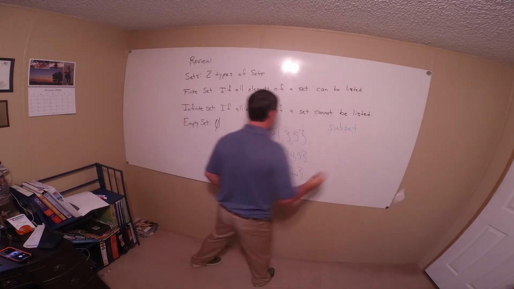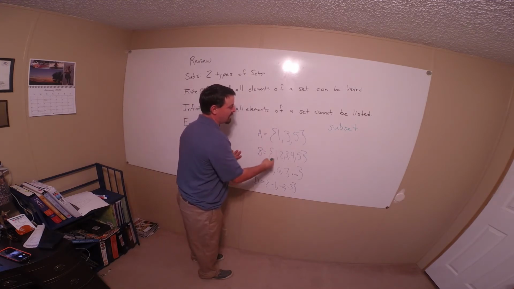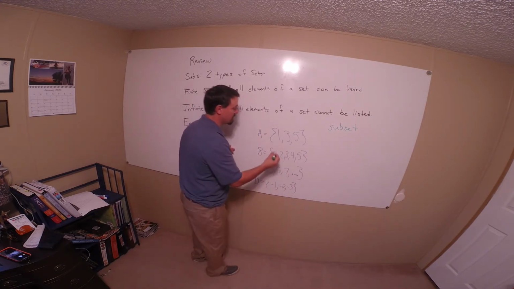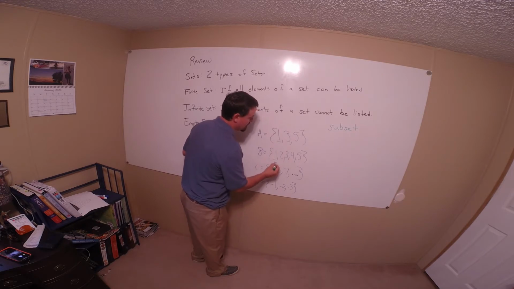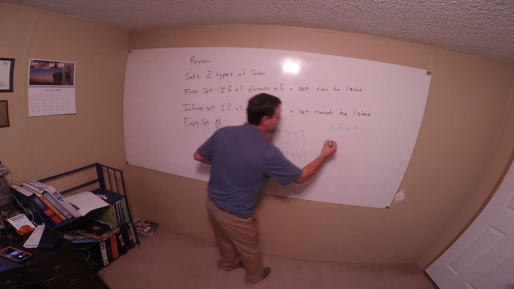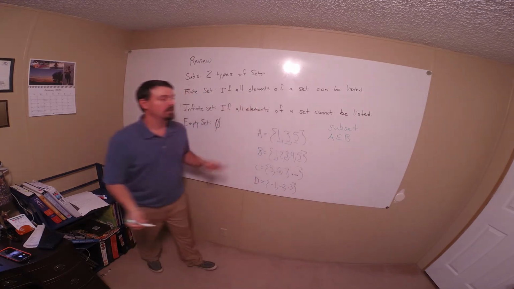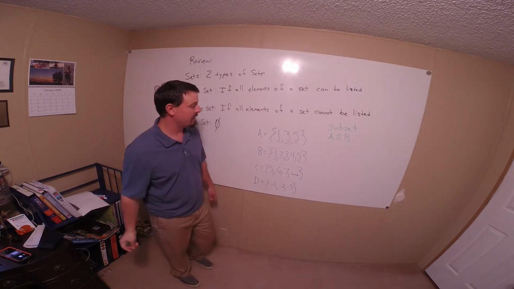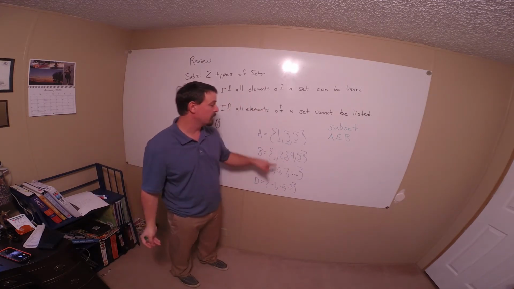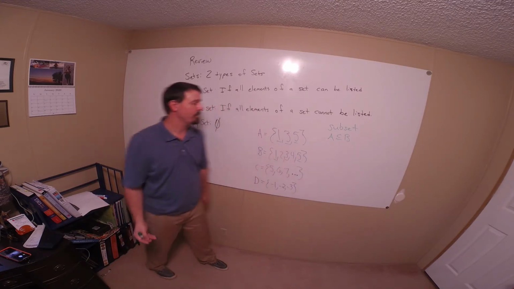Subset means that every element in A is also in B. So, this 1 is in B, this 3 is in B, and this 5 is in B. Therefore, A is a subset of B. Now, B is not a subset of A, because B also contains a 2 and a 4. A does not contain a 2 and a 4, so B is not a subset of A.